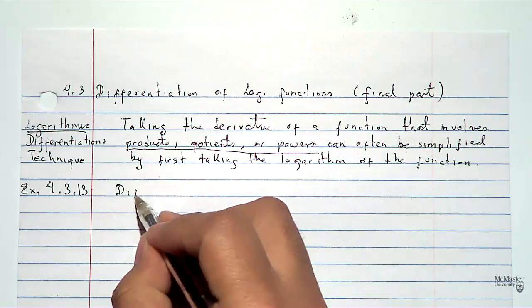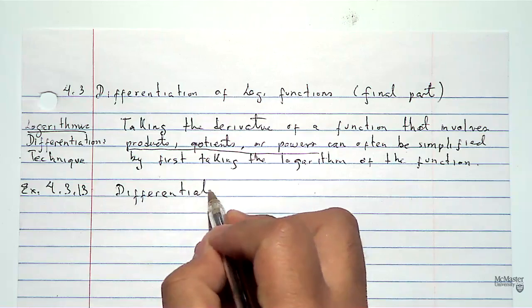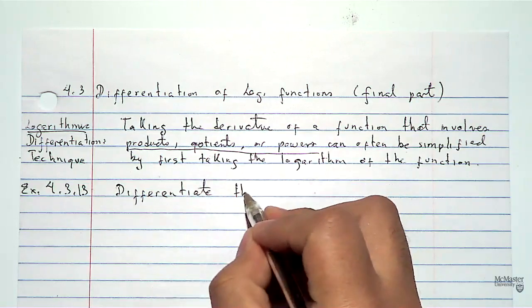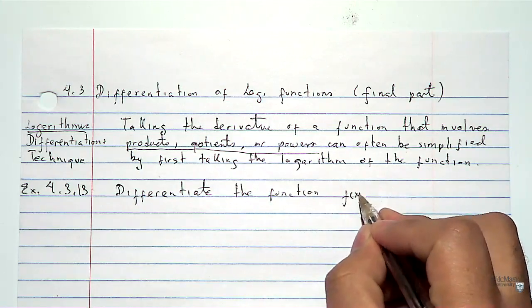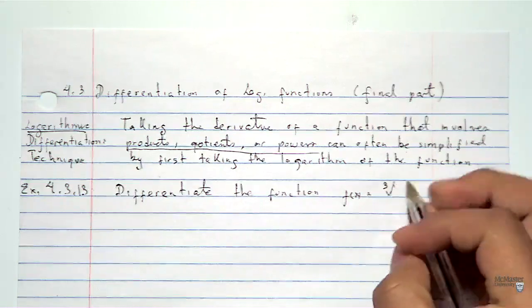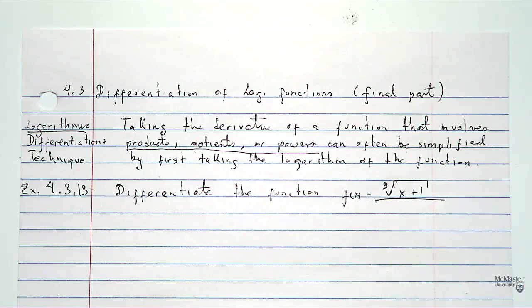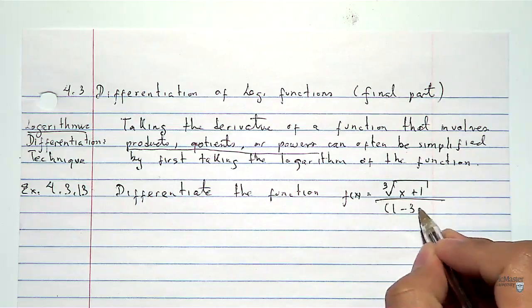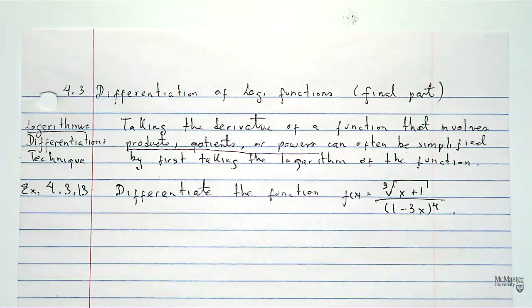So the example is related to the derivative of the function f of x equals the cubic root of x plus 1, divided by 1 minus 3x to the fourth power. Right? So far, so good.